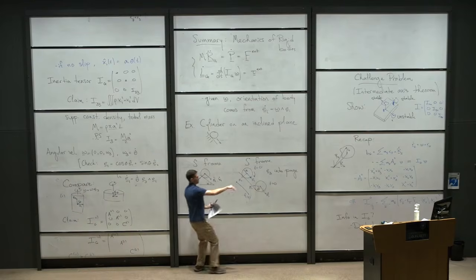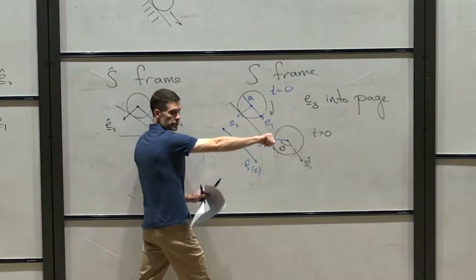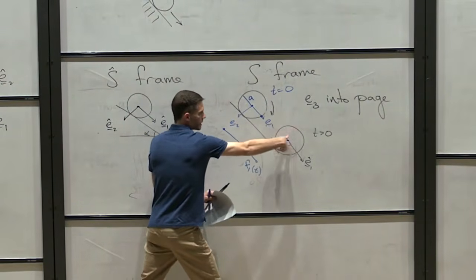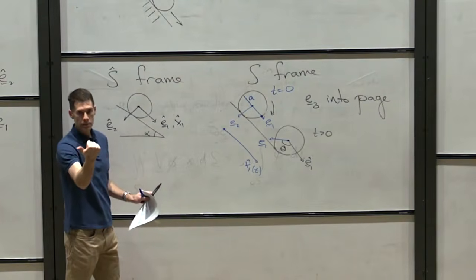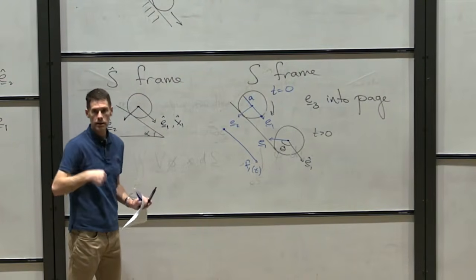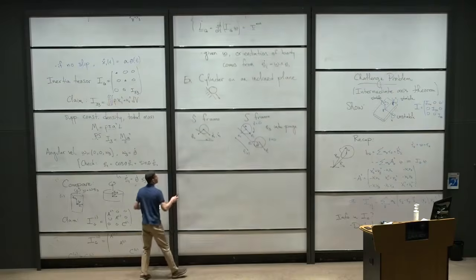So E3 is that way, theta increasing is that way, and that is the rotation of the cylinder. So if I had E3 coming out of the page, it would be the opposite. It would be minus theta dot. It's getting used to this right hand using the thumb trick. Okay.